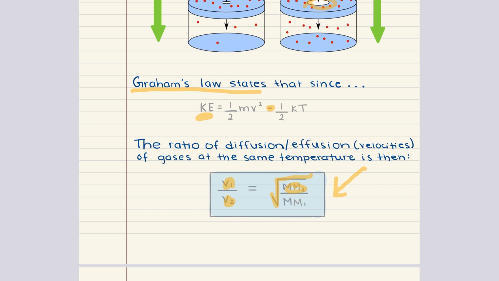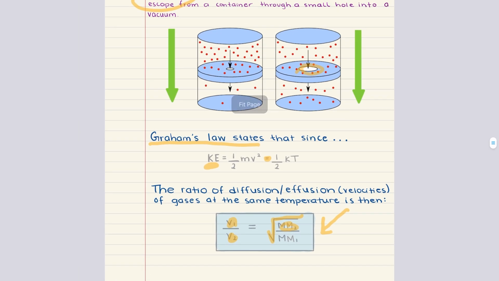This equation tells us that lighter gases diffuse and effuse faster than heavier gases. For example, helium, a very light gas, will diffuse much faster than oxygen or nitrogen. So in summary here, diffusion occurs when gases mix and spread due to molecular motion.